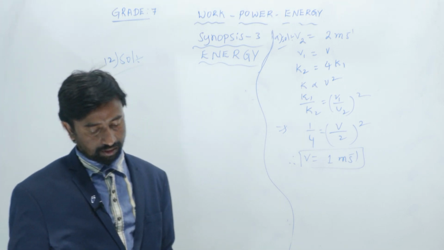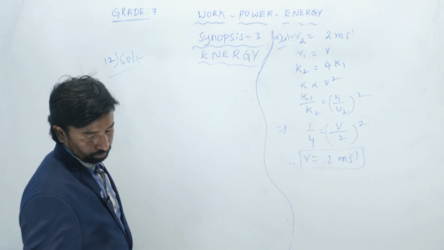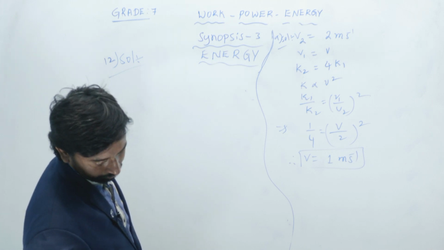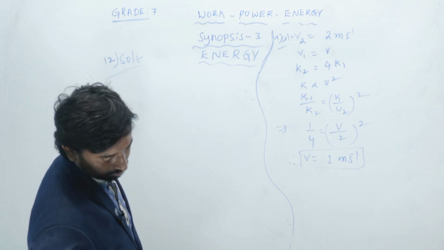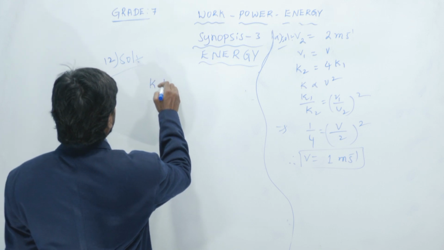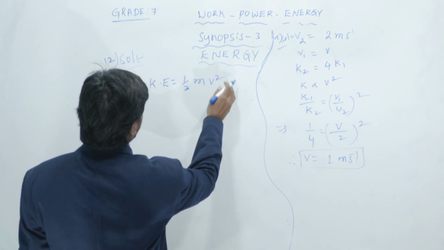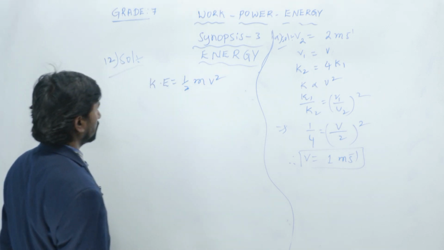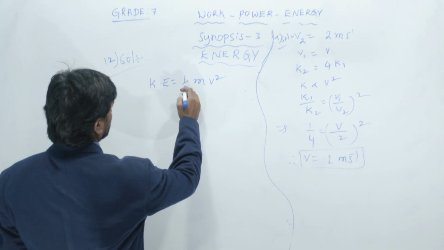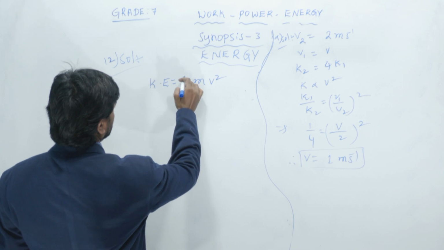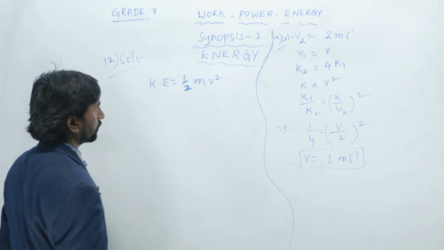They are asking about the velocity there. On a frictionless road, kinetic energy is equal to half into mv square, we can write there.